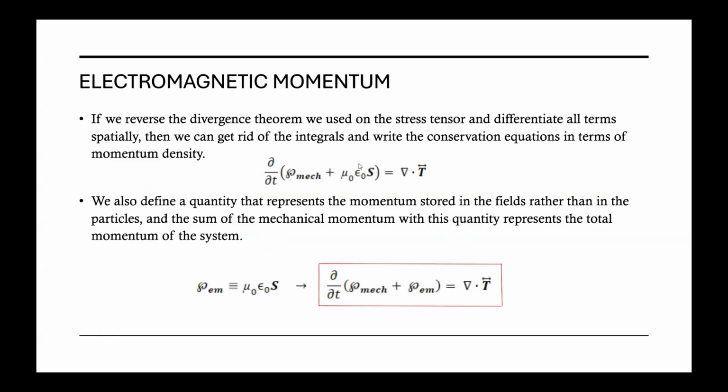And this is what allows for conservation of momentum to be maintained in electrodynamics, because the fields themselves have some attributed momentum. So this sends us to a much more beautiful equation that shows the conservation of momentum in electrodynamics.